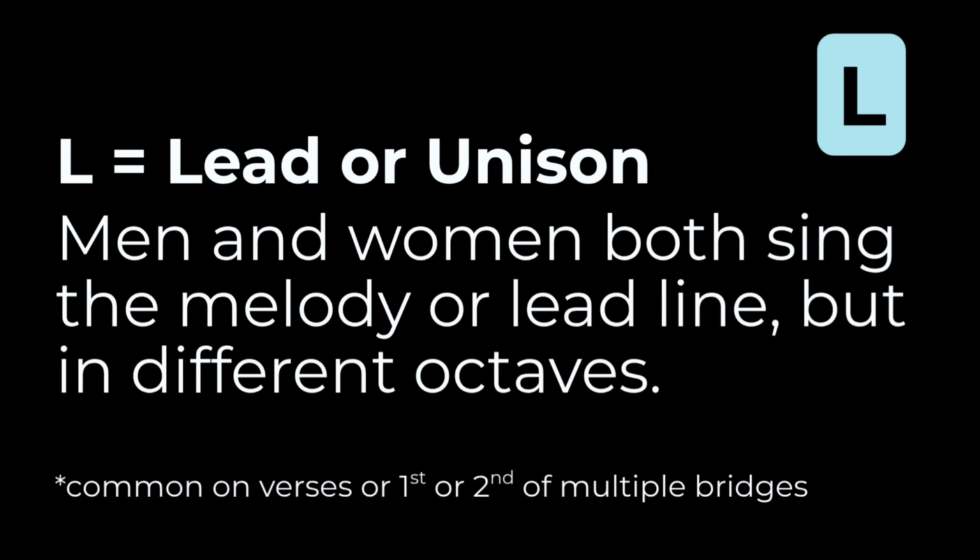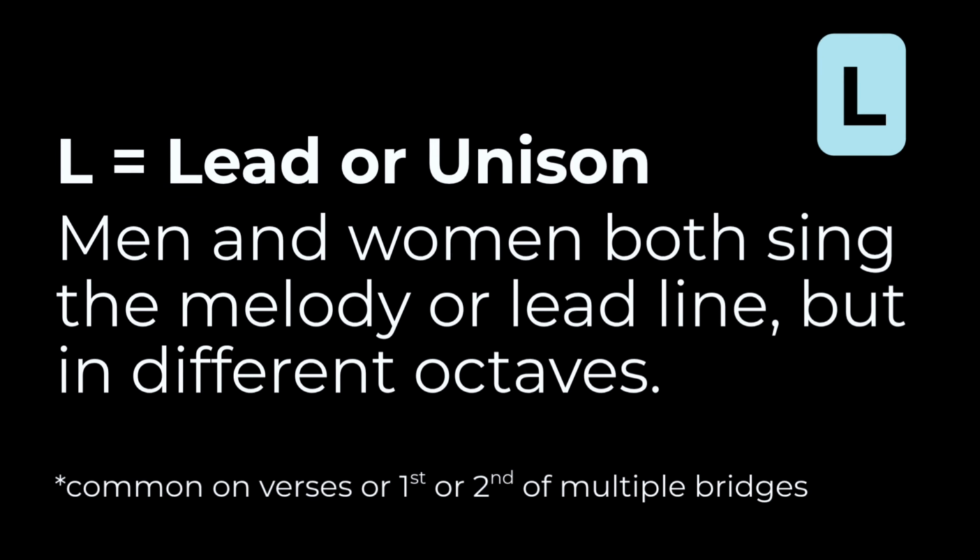Let's break down what a vocal map consists of and the hand signals that you can use to communicate in rehearsal for each one. L stands for lead or unison. This is when the men and women are singing the melody, just in different octaves.